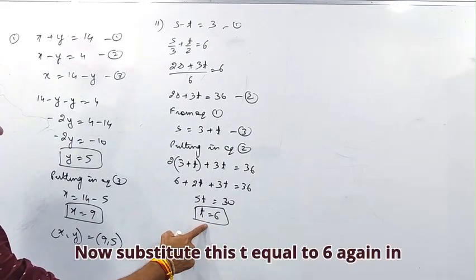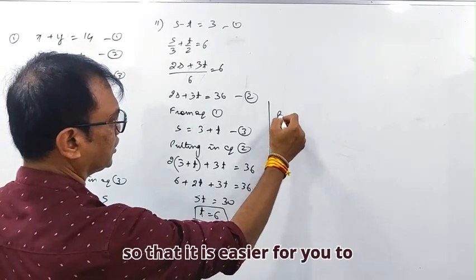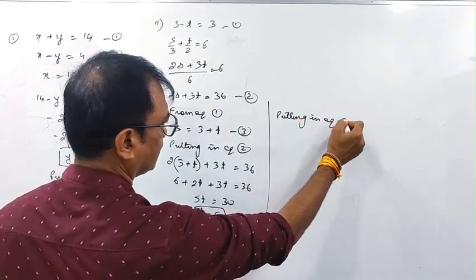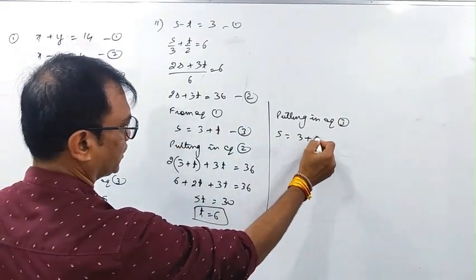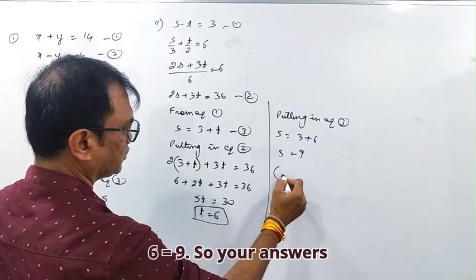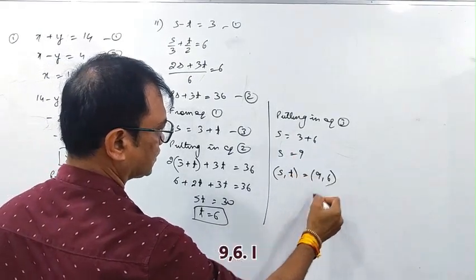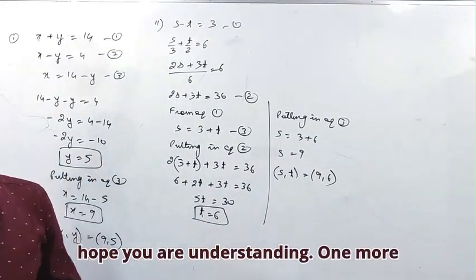Now substitute this t equal to 6 again in equation 3. I will write it over here so that it's easier for you to understand. So s equal to 3 plus 6, s equal to 9. So your answer is s, t equal to 9, 6. I hope you are understanding. One more question.